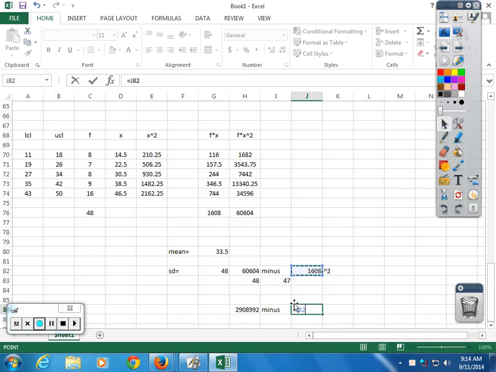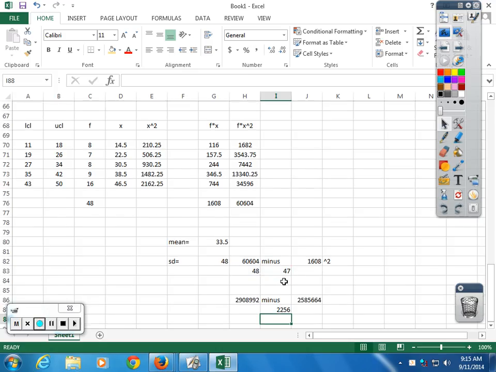Should it be? No, it should not, or you've done something wrong. Over this number times this number. And I should go ahead and change this to variance because I'm not getting the standard deviation because I hadn't taken the square root. So I'll just change that to variance.